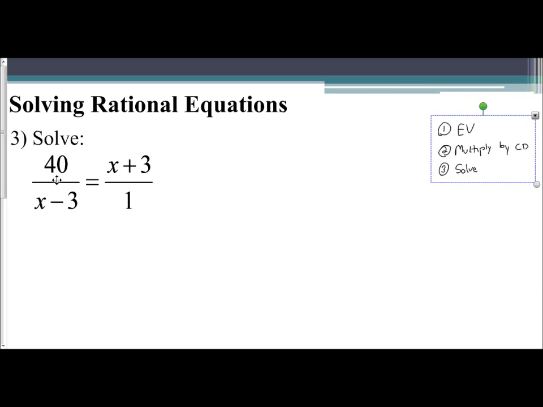If we have 40 over x minus 3 equals x plus 3 over 1, you have already dealt with problems like this before by the time you reach Algebra 2. And that is the idea that you have a fraction equal to a fraction.